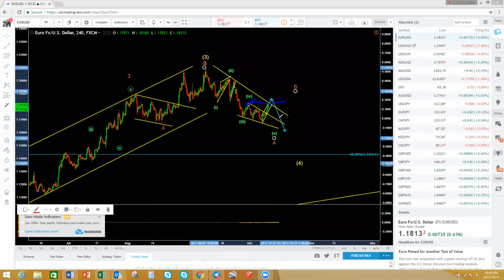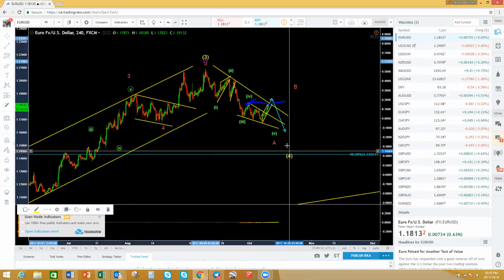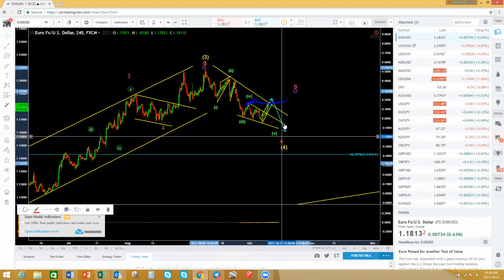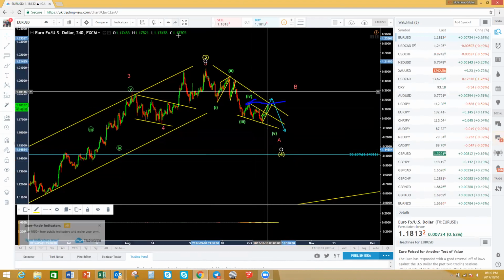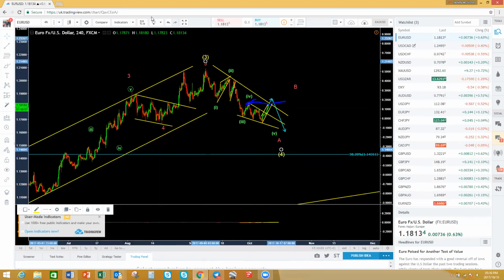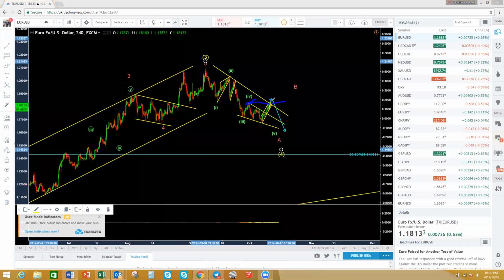Remember, the dollar index looks like it has completed that wave 4 going down, and we are in the wave 4 going up. All right, so if the dollar index is completed, we're going to get this impulse. We already got the impulse here, and we're going to get this correction.